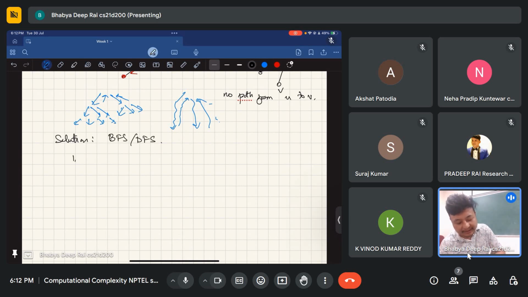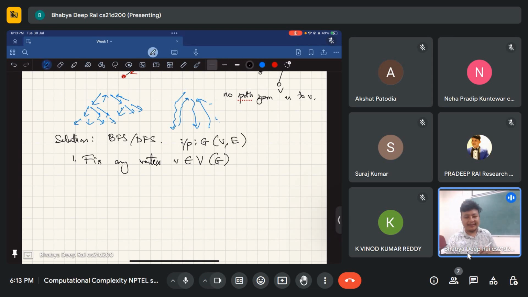The algorithm is as follows. Let's say the input is a graph G equals (V, E), where V is the vertex set and E is the edge set. Fix any vertex in the vertex set of G, and perform, let's say, BFS from it.